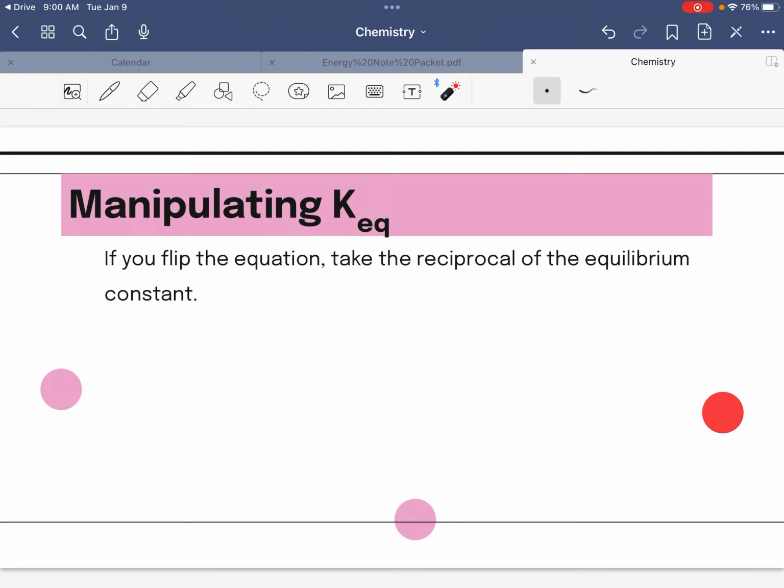Okay, so sometimes we have to manipulate the expression that we're given for our equilibrium constant. So if we flip the equation, we're going to take the reciprocal of the equilibrium constant.